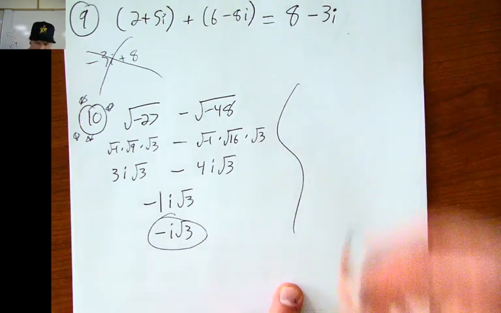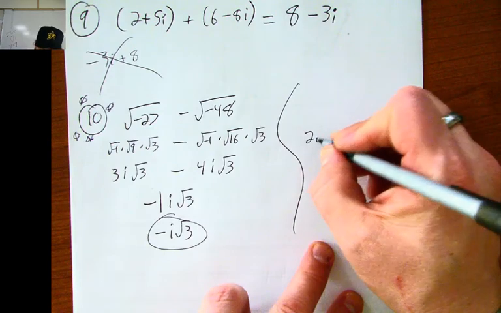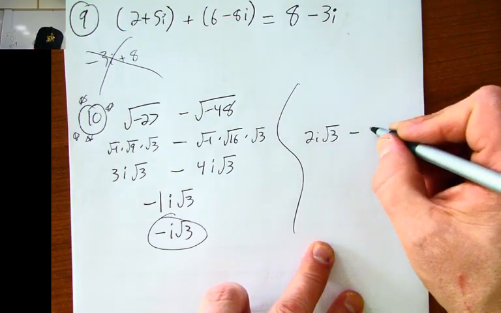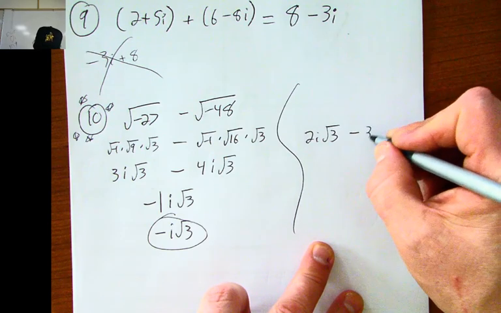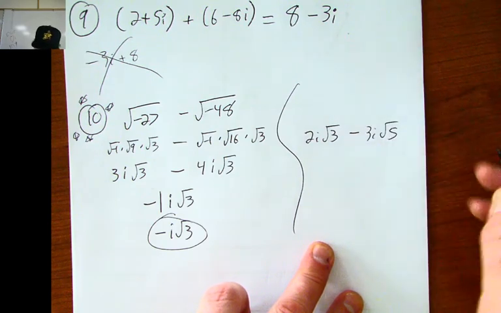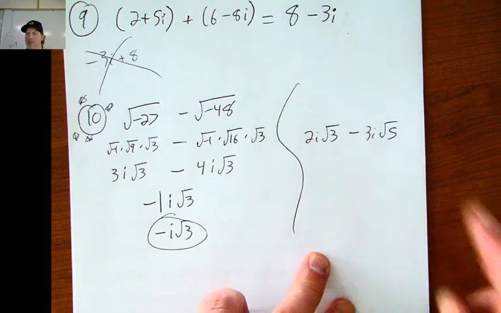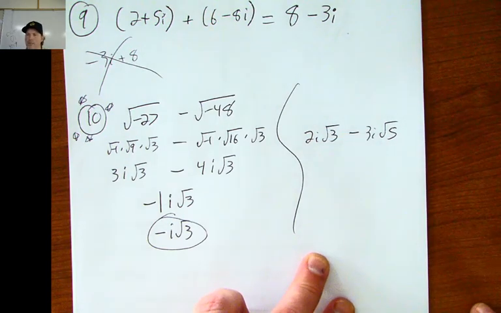So side example, if I had like 2i root 3 minus 3i root 5, I'd have to leave this one just like this because they're both imaginary numbers and they don't actually mix. Shoot, I don't think that's accurate? Yeah, I guess.